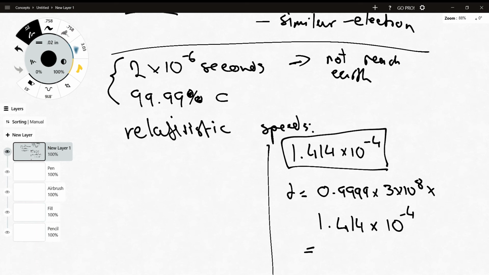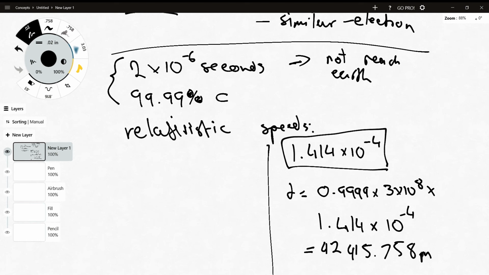And this is in meters. 0.9999 times 3 times 10 to the 8 times our time, 1.414 times 10 to the minus 4, and we find that it travels 42,415.758 meters.